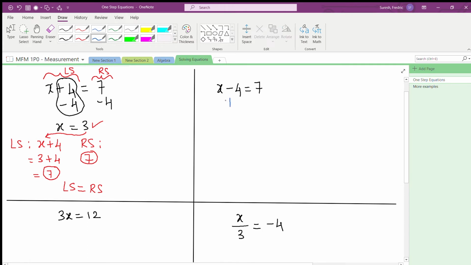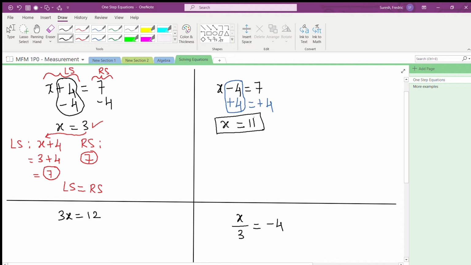So I'm going to add 4 on the left side, and whatever I do on the left side, I must do on the right side. There is a 0 pair, and that goes away. So x equals 7 plus 4 on the right side, which is 11, and so that is my answer.